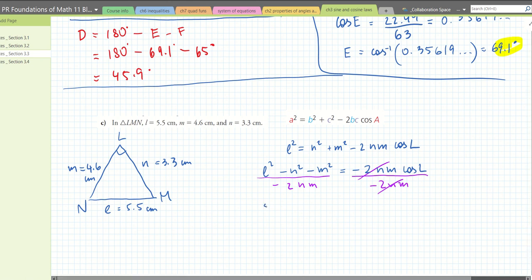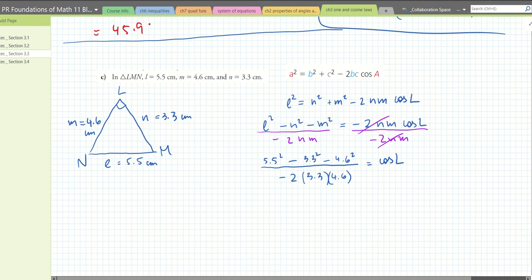It's 5.5 squared minus n, so 3.3 squared, minus m, so minus 4.6 squared here, over negative 2 times n, which is 3.3, times m, which is 4.6. Okay, and all this equals cosine of angle L.